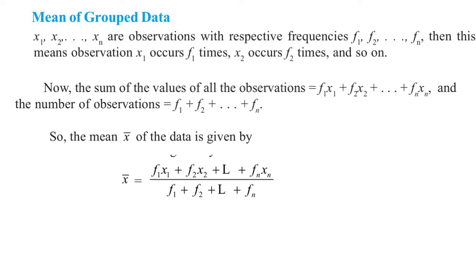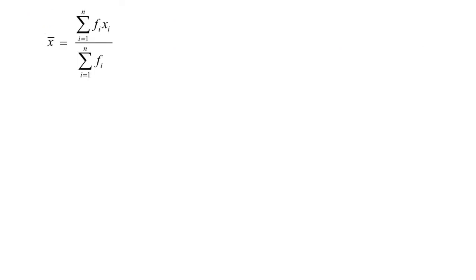Recall that we can write this in short form also by using the Greek letter sigma, which means summation. So we can use the sigma symbol, the sum of the observations divided by the sum of frequencies, going from i equal to 1 to n.